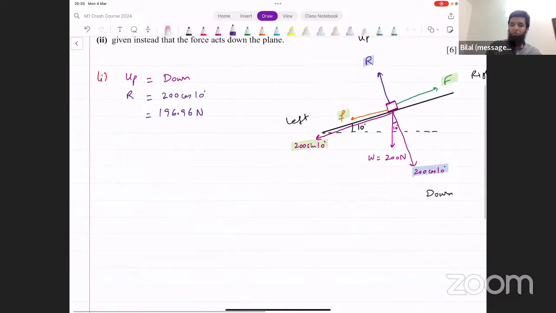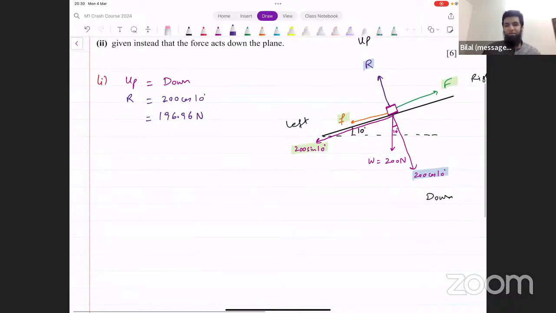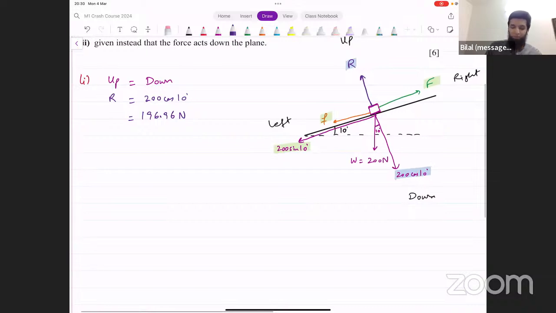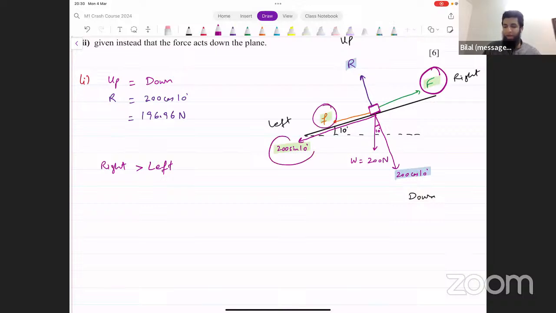Now, if you want to move the block, in which direction is the block going to move? Towards the right side? If you want to move the block, the force acting towards the right side should be greater than the forces acting towards the left side. Only then is the block going to move, right? The block is going to move if this force is greater than friction and 200 sine 10 combined. Only then is the block going to move. Make sense?